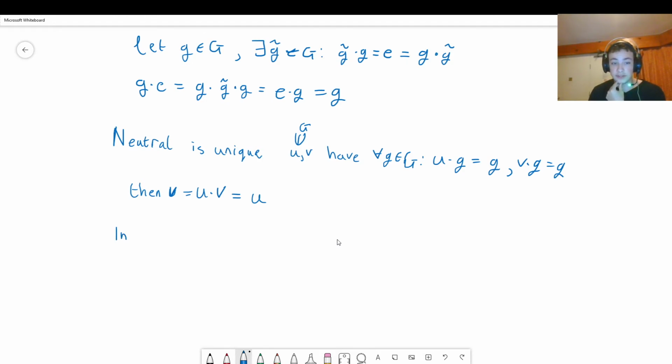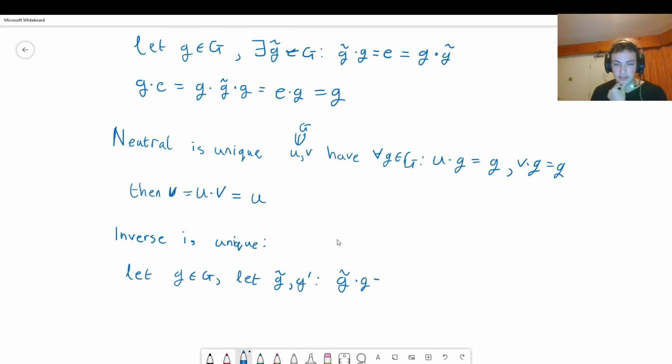And then the inverse is also unique. Okay, so let g in G again, and let g twiddle and g dash have that g twiddle dot g equals g dash dot g equals E. Okay, so they're both left inverses.